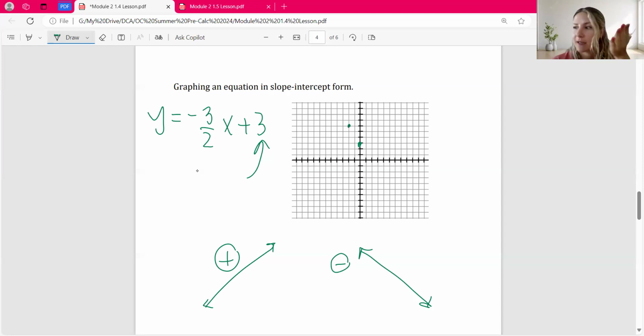Notice that's going to create a negative slope. I always then go under now. So I'm going to go down 3 and then over 2. Always want to have at least 3 points on our line. There we go. So just a refresher on graphing lines, start with the y-intercept and then use your slope. Positive slopes go uphill, negative slopes go downhill.